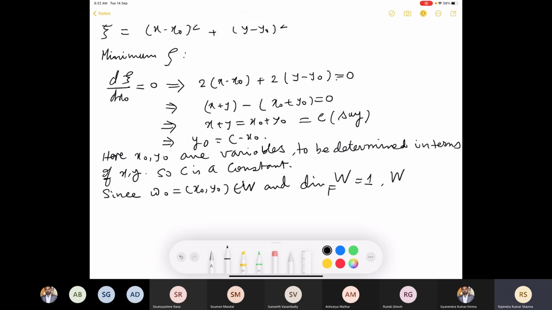And W is of the form that you have same coordinates, alpha, alpha, alpha in R. What we get is that X naught and Y naught are same. So basically, this is only one variable. And that is why I differentiate with respect to X naught.